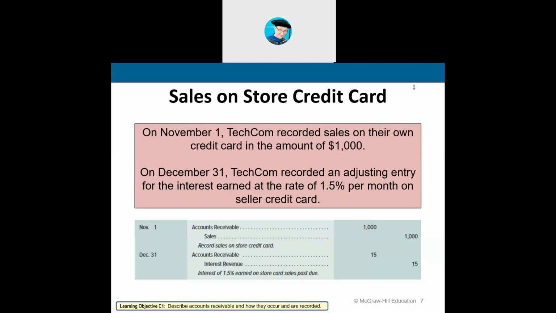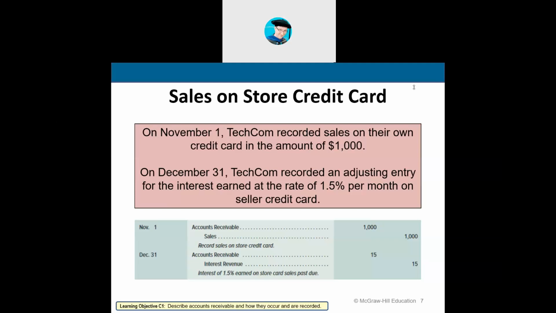The reason for that is if you are a retailer and you accept credit cards, the credit card companies issue you a fee to accept that credit card.